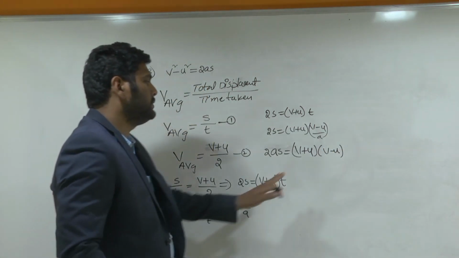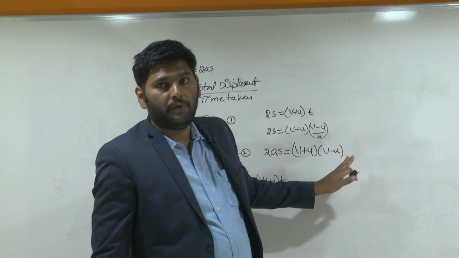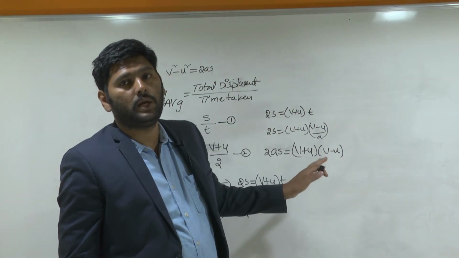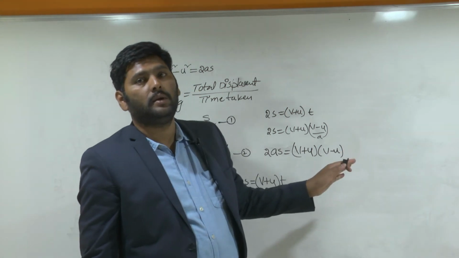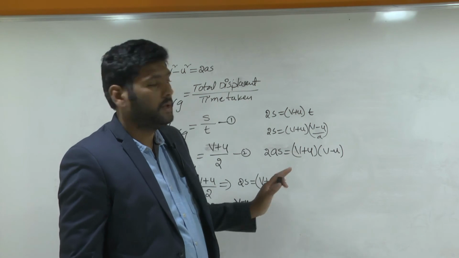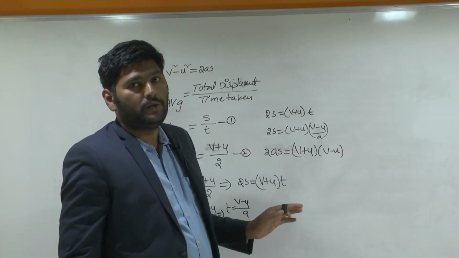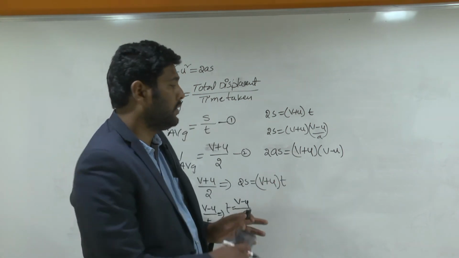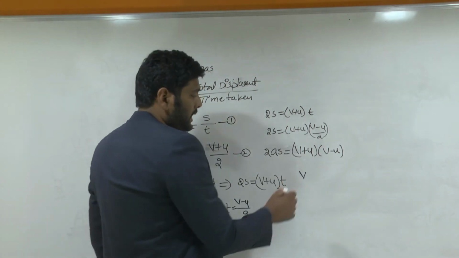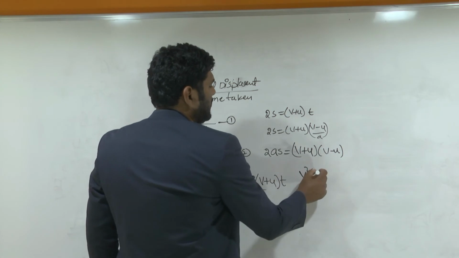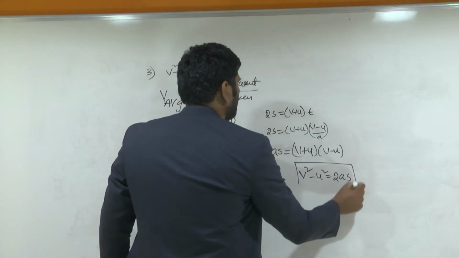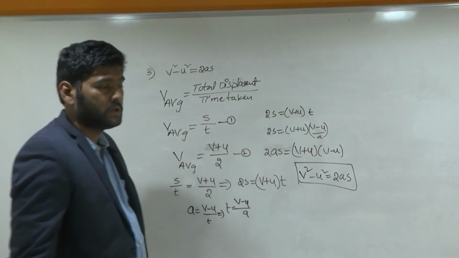Observe this term: it looks like a minus b into a plus b. What is a minus b into a plus b? It is a square minus b square. So v square minus u square equal to 2as. This is your third equation of motion.